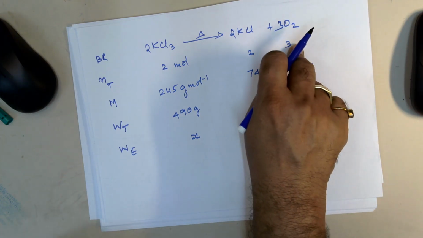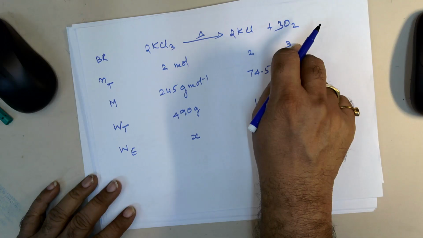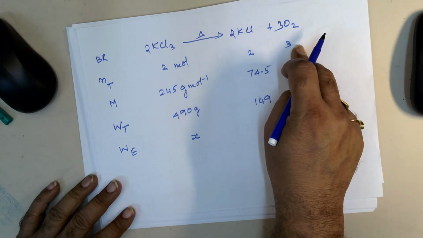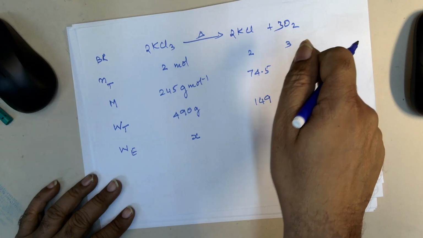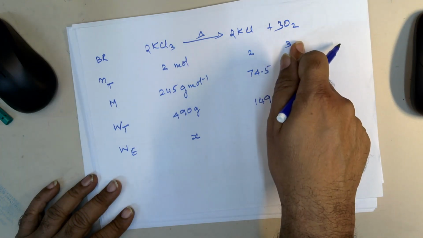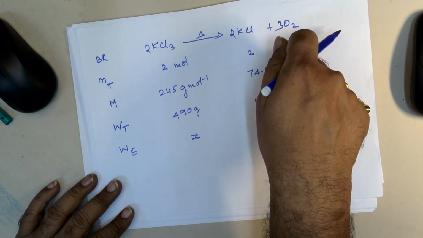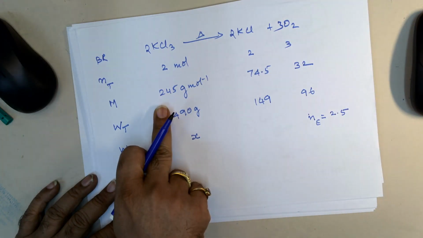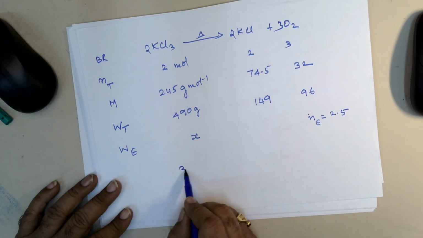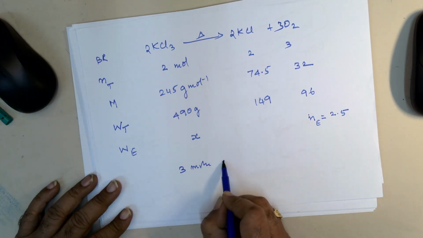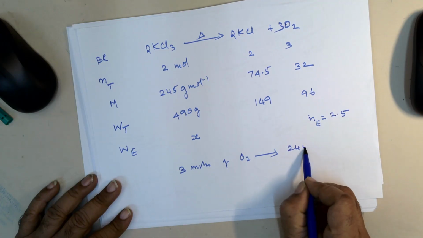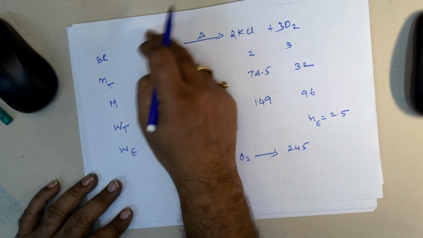But here it is 3. Got it? So it means you are able to get 3 moles of oxygen from 245 gram. Got this point? So 3 moles of oxygen is obtained from 245 gram of KClO3, right?